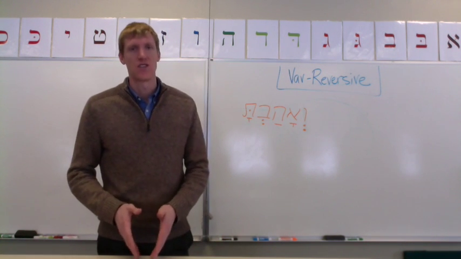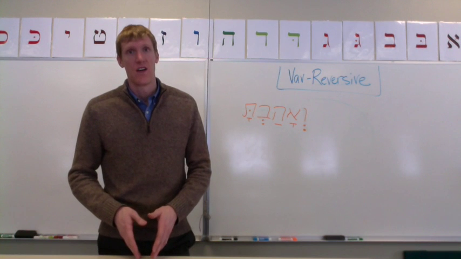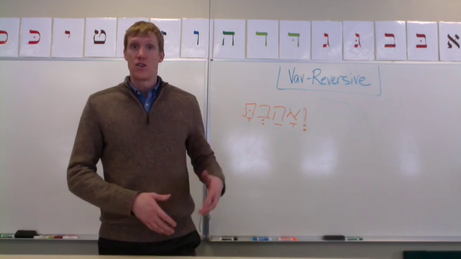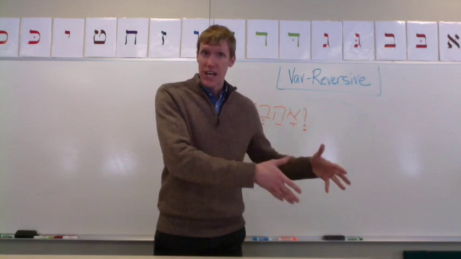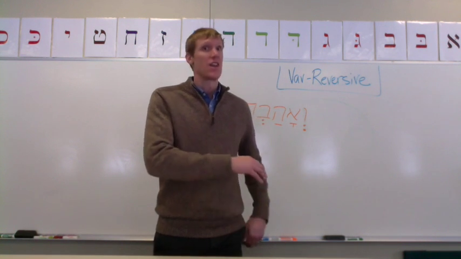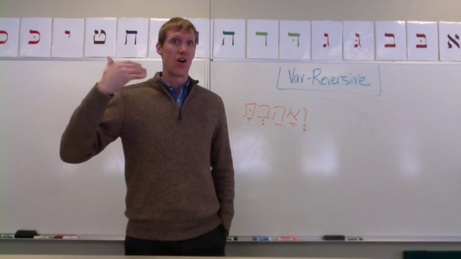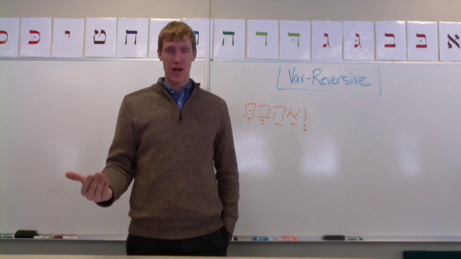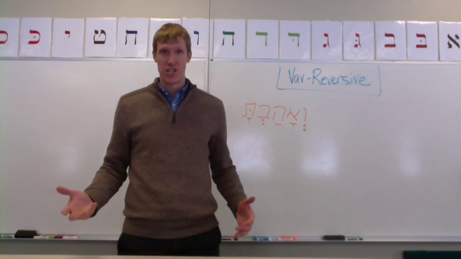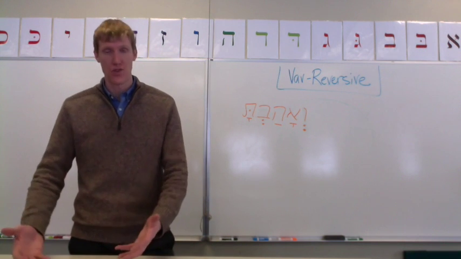Another thing to keep in mind about the Vav-Reversive is that it also has a very specific context into which it almost always appears. So the Vav-Consecutive, the Mesa pair, is almost always a verb form spoken by the narrator in narration, a way of telling stories.